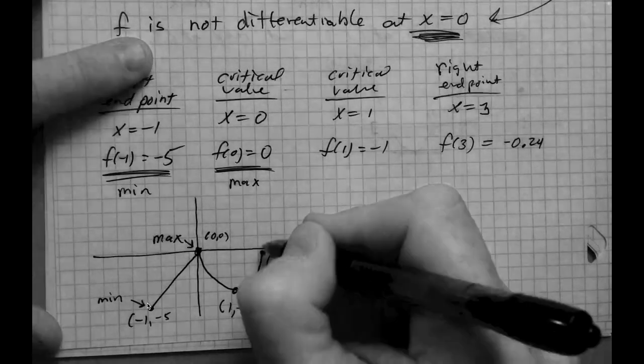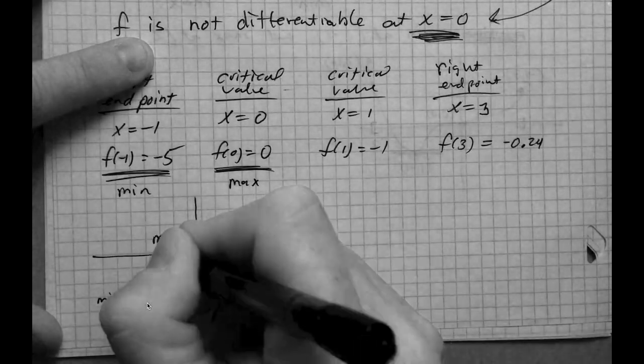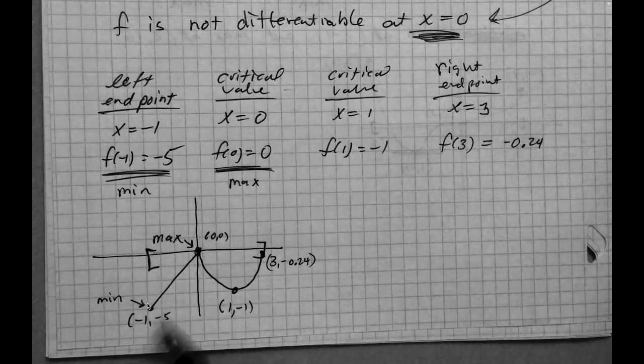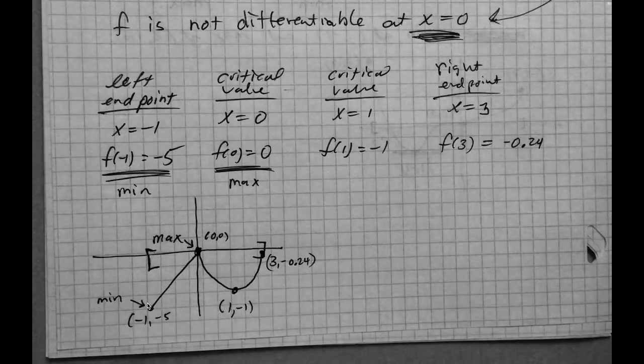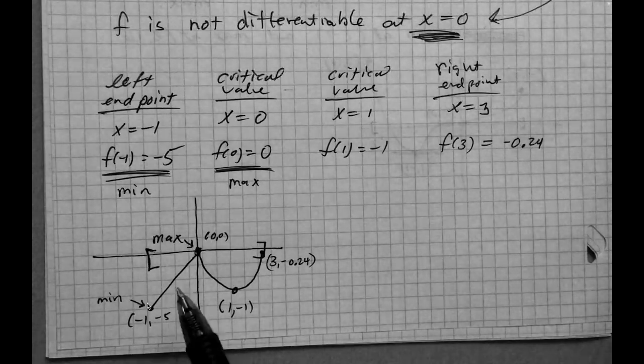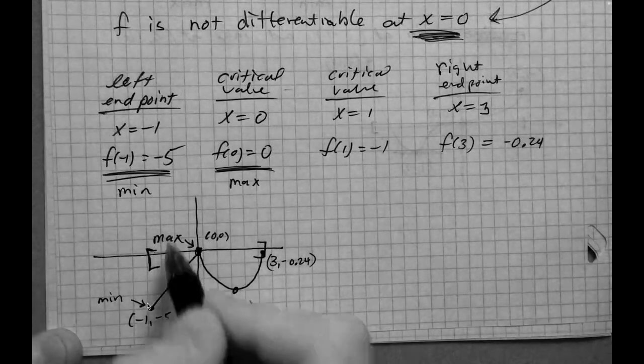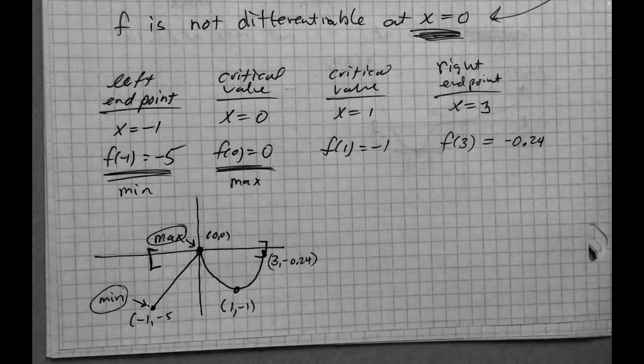Right, remember, this is all to do with this interval. Right, so the function obviously would have values that are smaller if you wander outside of this interval, but so long as your concern is this interval, then you do have the max here and the min here. Right.